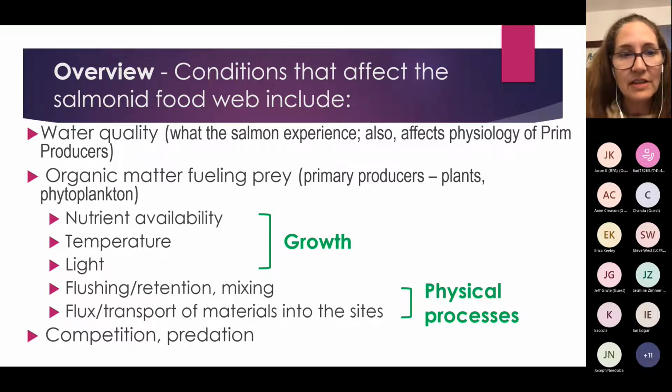Light is important. We have to consider physical processes like flushing, retention, mixing, flux and transport of materials. So that's kind of the last discussion that Curtis was talking about, the insect prey fluxes. There's lots of things to think about in terms of the growth of all of the different levels, as well as what's coming in from elsewhere. And that's all available to the fish. And then, of course, competition and predation, which we don't talk about.